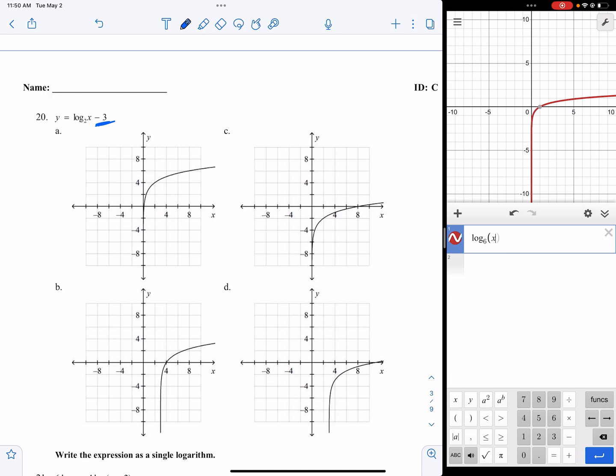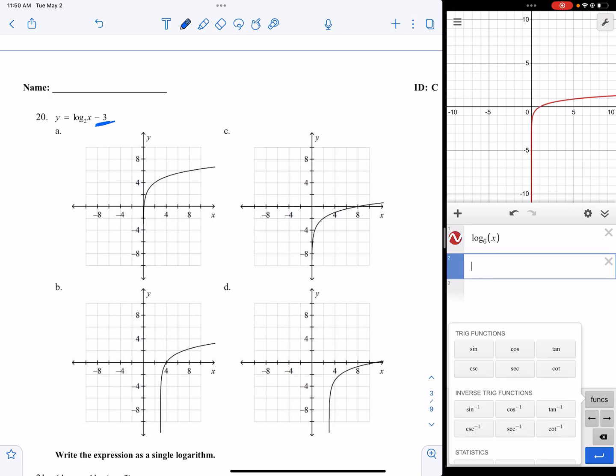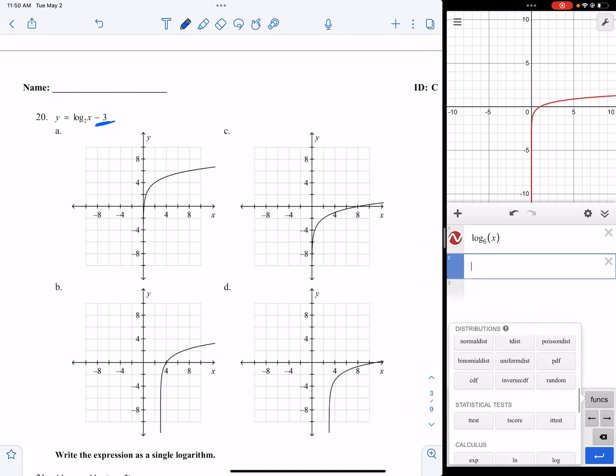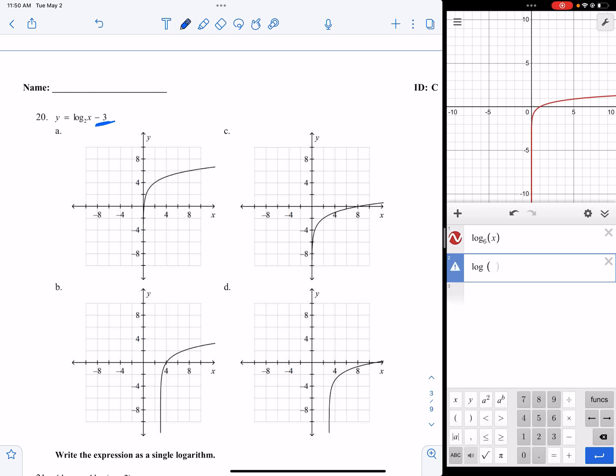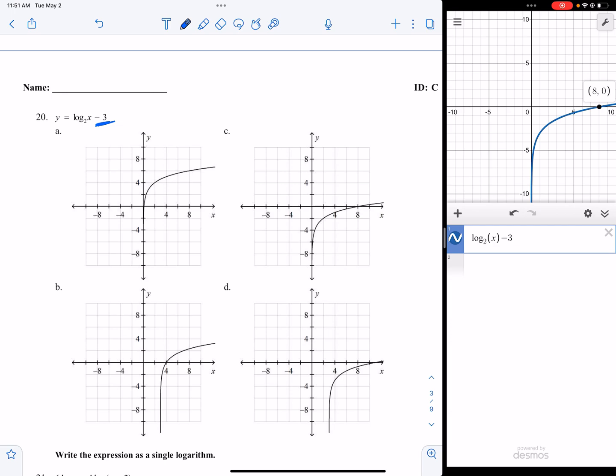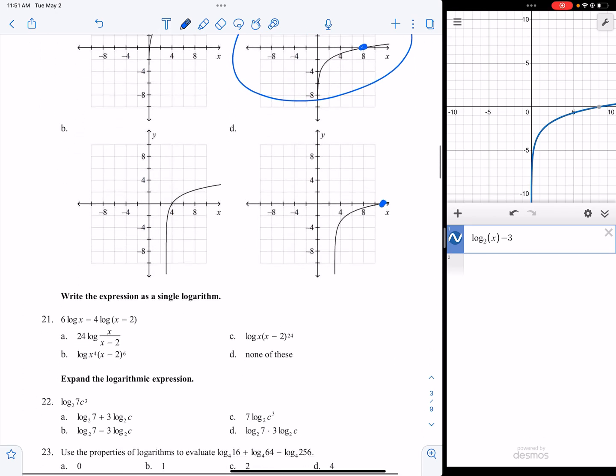Okay? But, to be honest with you, I'm just going to graph this. Okay? Log base 2 of x minus 3 is after. Okay? Let's get rid of the red one, the blue one. Okay? So the intercept is at 8. That's at 8. This is past 8. Okay? So that's how you know it's C.